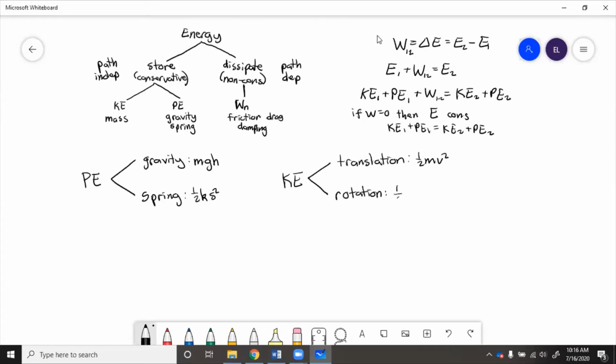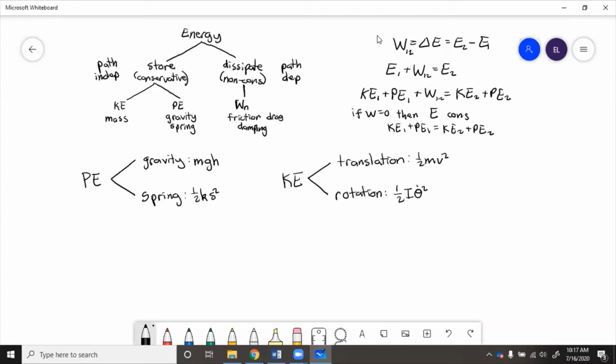This is 1/2 I theta dot squared, where I is the moment of inertia. And this is something that comes into account when size and shape does matter. Because if an object is just a particle, then it can't really be rotating because it's just a dot. But if it actually has a shape, that's when you would include rotational kinetic energy. And then theta dot is just the angular velocity.